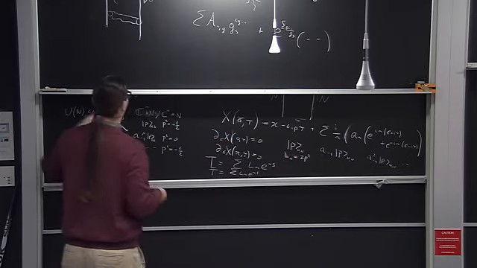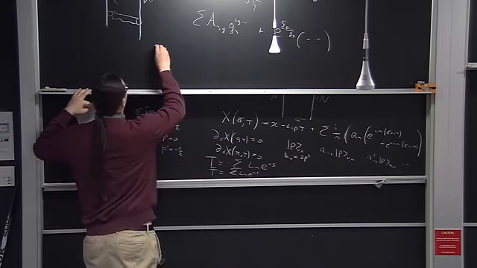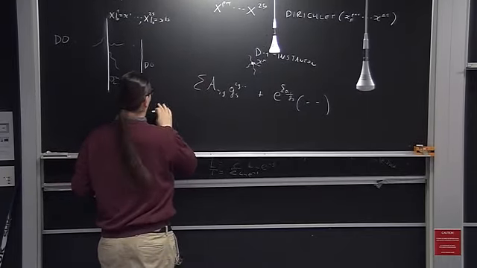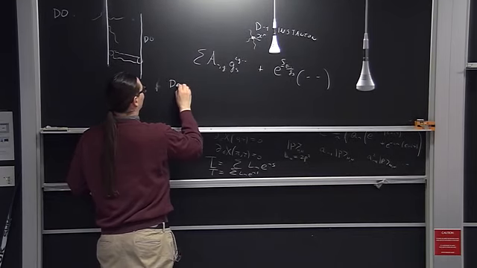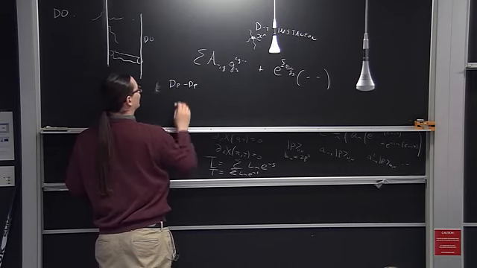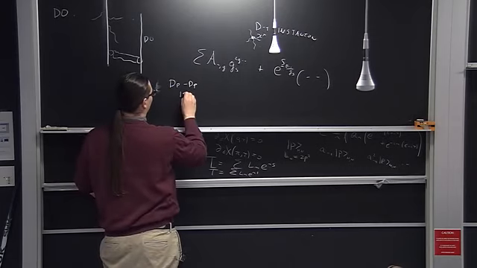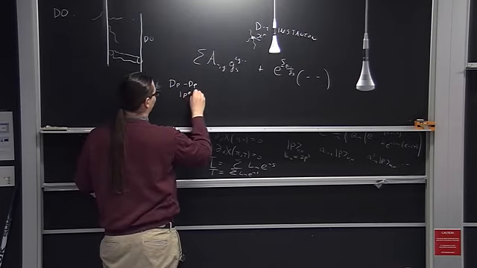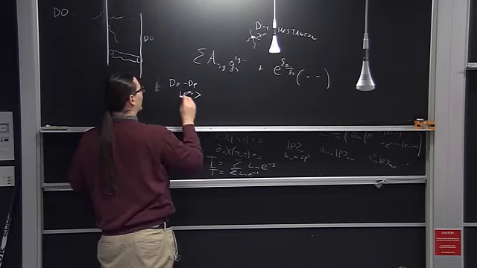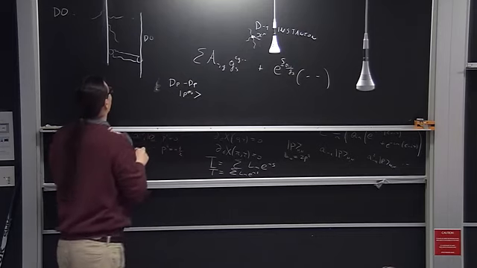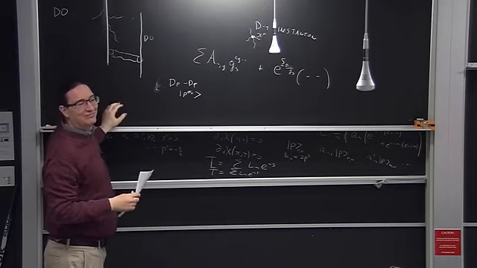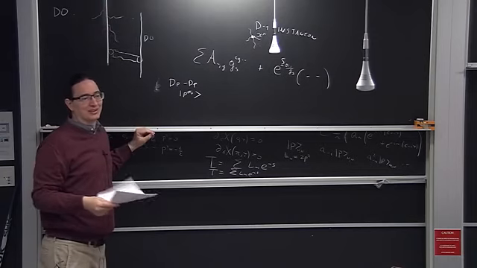So if you have something like a Dp-brane, you're looking at the spectrum of open strings attached to this Dp-brane. Now you have momentum modes which are only parallel to the brane. Which kind of makes sense. The open strings attached to the brane can move along the brane, but they cannot go away unless they become closed strings.